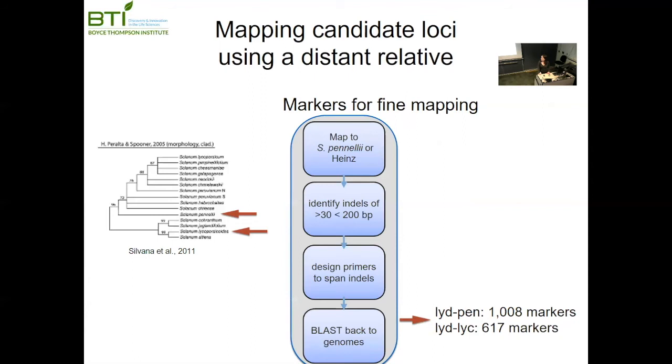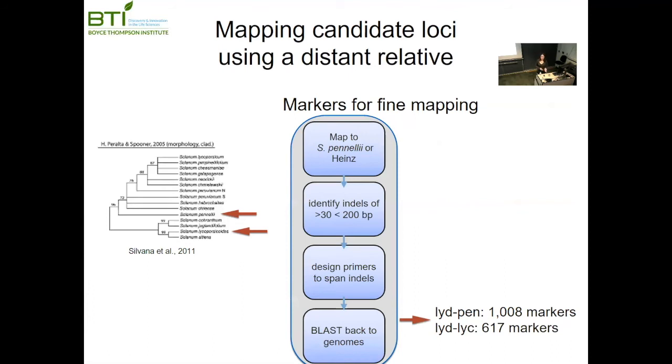Since Lycopersicoides and Lycopersicum are so divergent, it's often difficult to get enough recombination to actually map genes very well. So one of the things that was done was to cross Lycopersicoides to Pennellii, which is a little bit closer, so we can get more recombination and fine map genes.